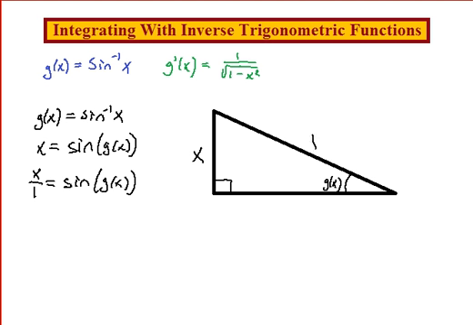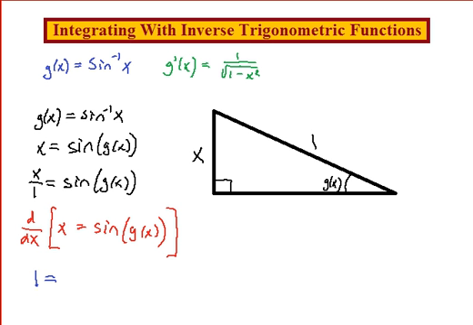We can then use implicit differentiation. We take the entire equation, x equals sine of g of x, and differentiate it with respect to x. This is going to help us determine the derivative of the inverse of sine. The derivative of x with respect to x is just 1.